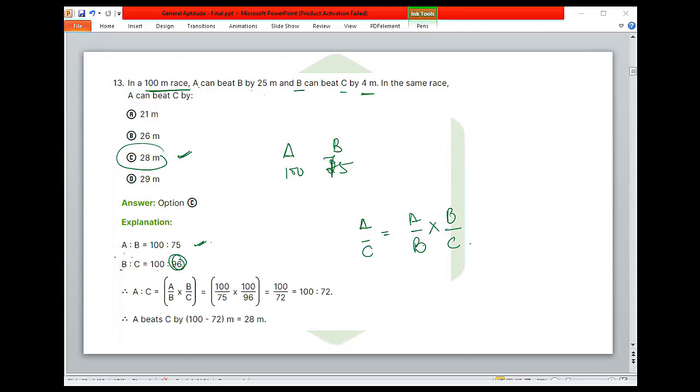It is taking B is beating C, so we'll have to take it 100 now. Because beating is when A is over here at 100, and B is over here, so it is beating by 25. Now B is over here, C is over here 4, so you have to take B as 100.